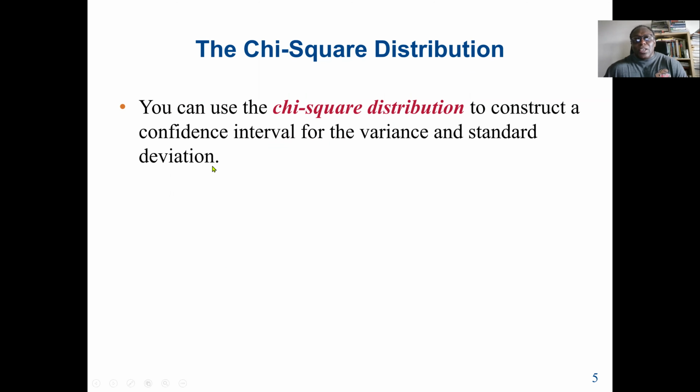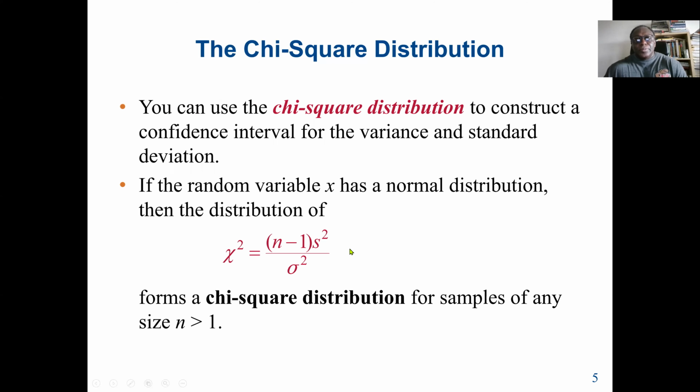So here we can use the chi-square distribution to construct a confidence interval for the variance and standard deviation. We already learned how to construct a confidence interval using the population mean. Here, we use variance and standard deviation to construct a confidence interval. If the random variable x has a normal distribution, then the chi-square distribution will be n minus 1.